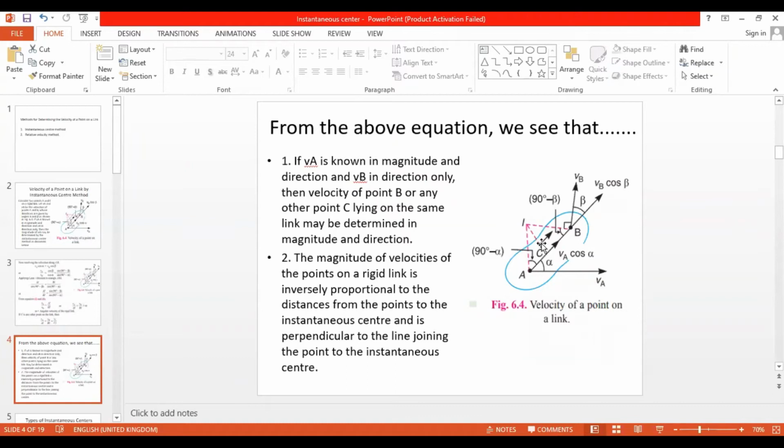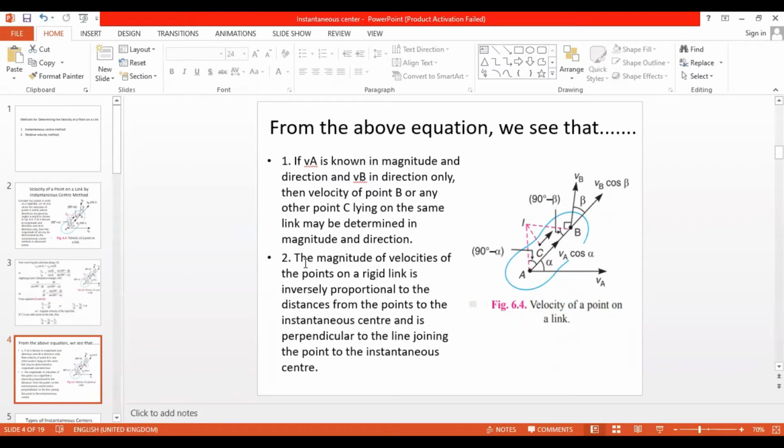C does not need to be here. It can be here, here, here, anywhere, lying on the same link, may be determined in magnitude and direction. So for that, we need one point's velocity in direction and magnitude, and any other point only with the direction, right? Then we can determine the velocity of that particular point.